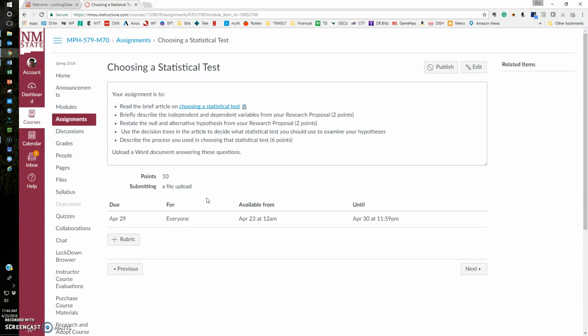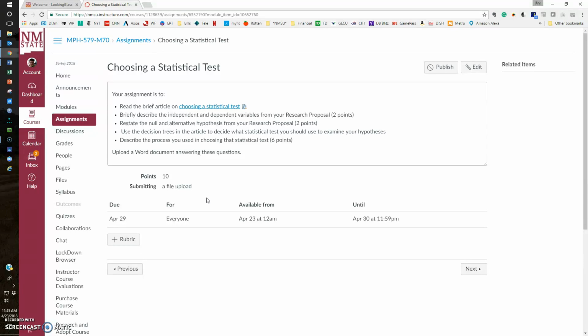Then I want you to use the decision trees, or they're also called graphic organizers, that are contained in that article to decide what statistical test you should use to examine your hypothesis or your hypotheses. And what I want you to do in the main part of the assignment is just describe the process you used in choosing that statistical test, right?